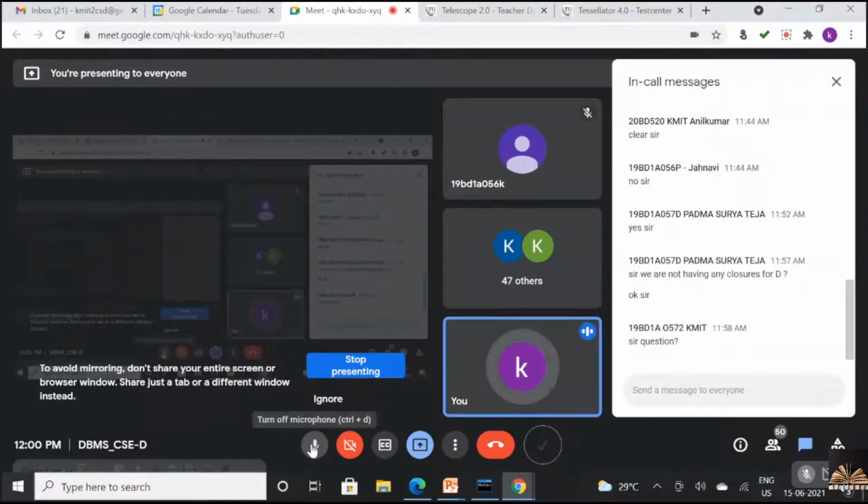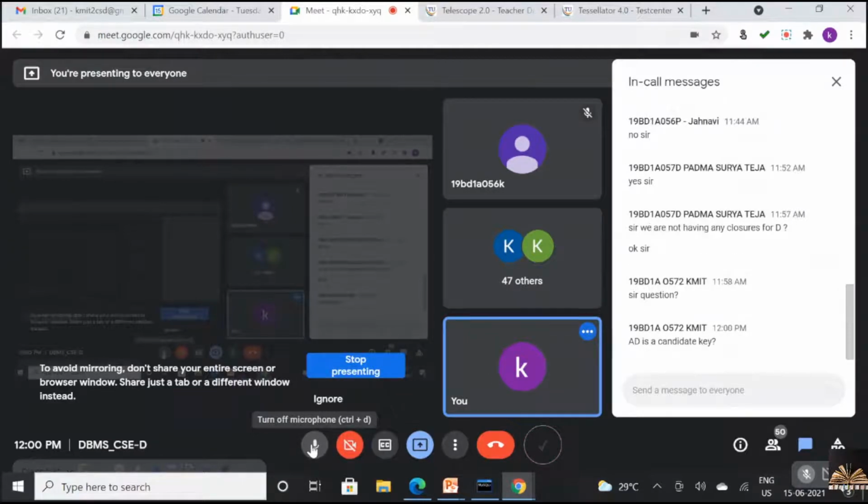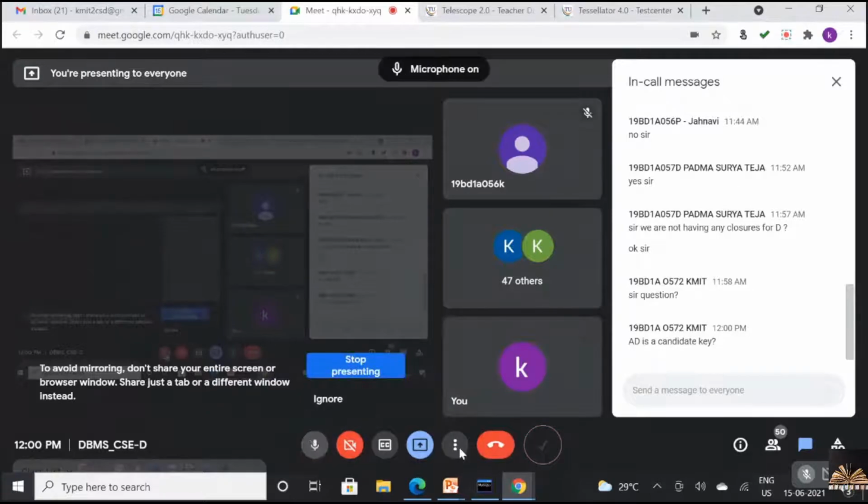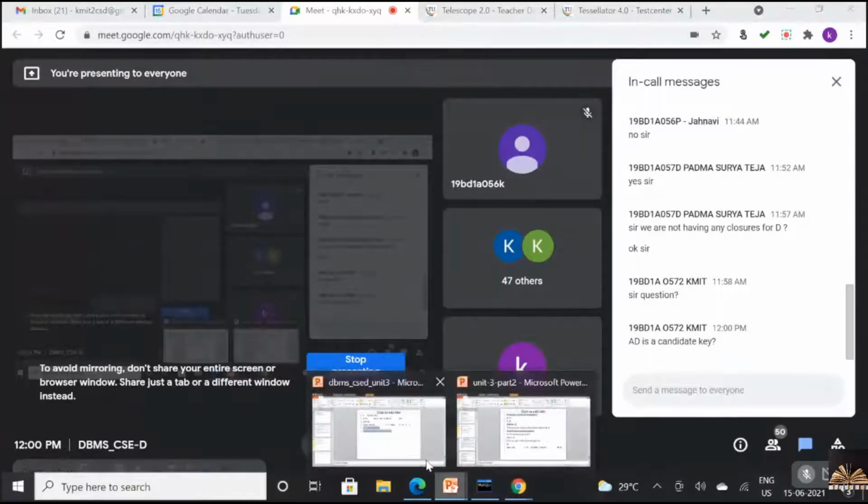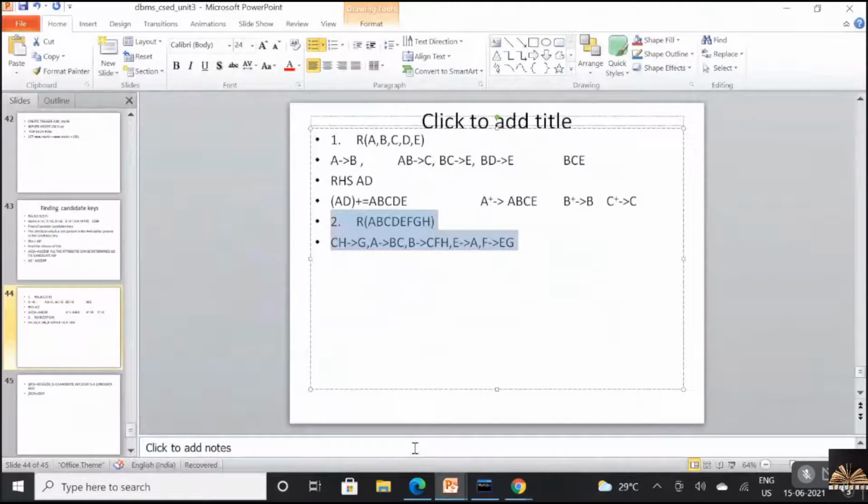Any one of you, are you getting it? AD is a candidate key. Are you able to get all the attributes in the closure?